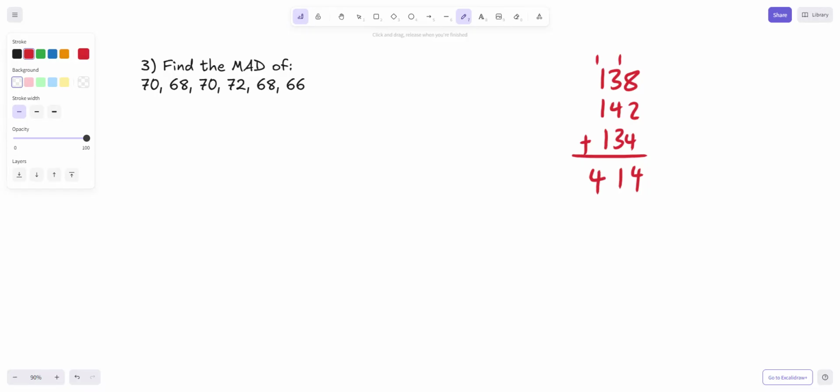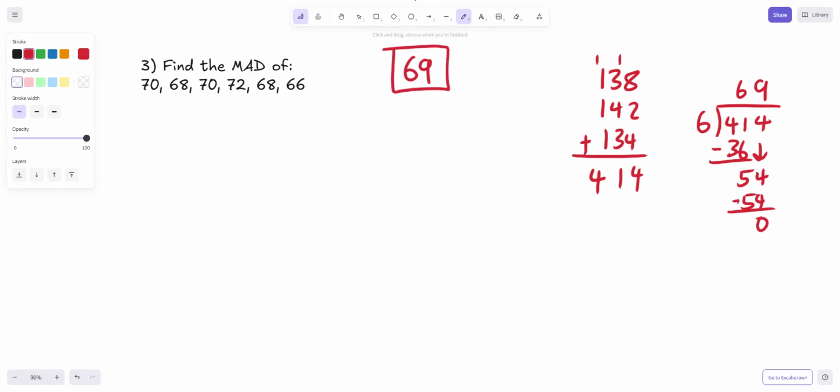There are 6 numbers. So 414 divided by 6. 6 times 6 is 36. Subtract. I get 5. Bring down the 4, 54. 6 goes into 54 exactly 9 times. Nice. So we have a mean of 69.